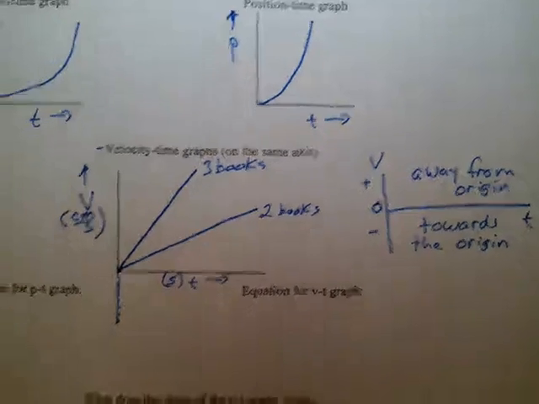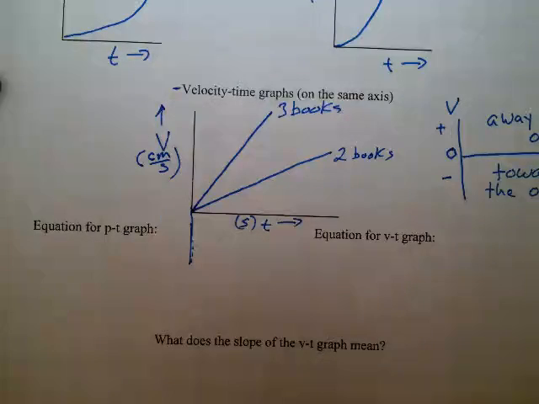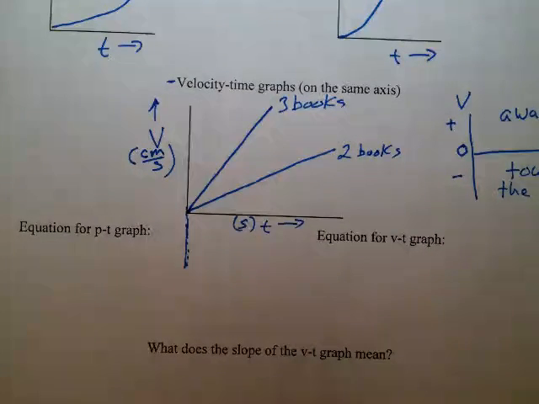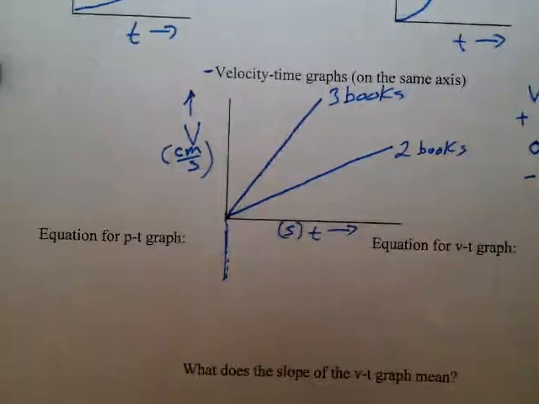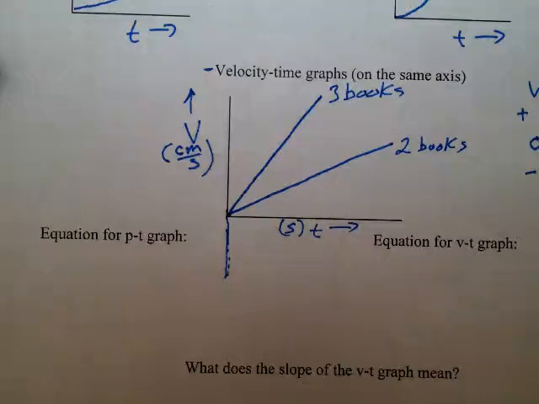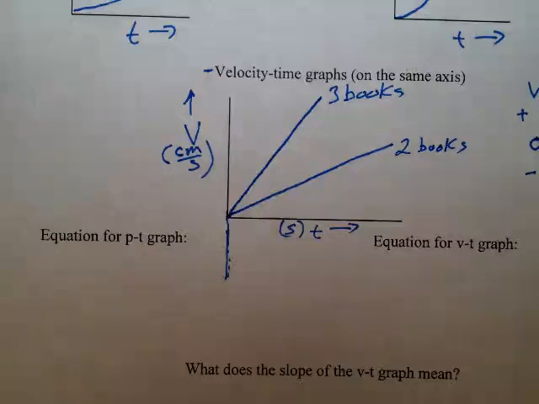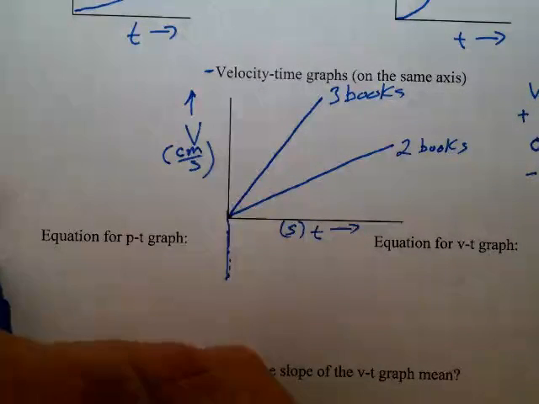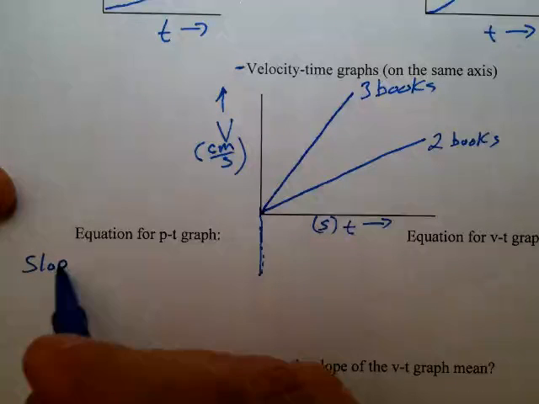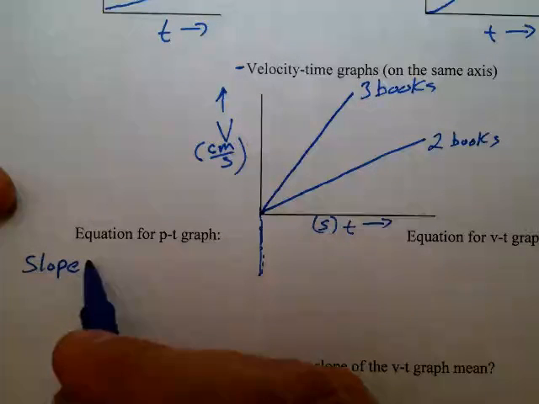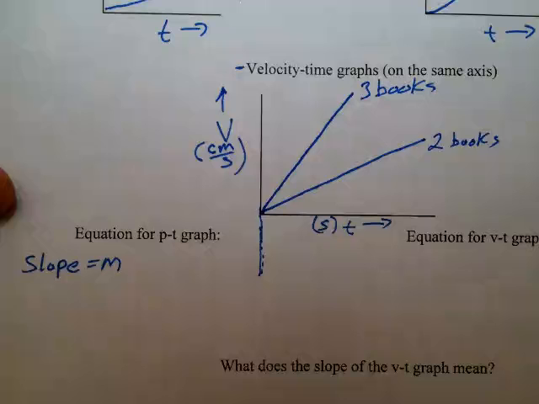So let's move on to the rest of this page. What it says over here is, let's write down the equation. Let me zoom in a little bit for the position time graphs. And this should be an old familiar thing to you. So we'll have, let's say here, the slope on a position versus time graph. We use the symbol M to represent slope.